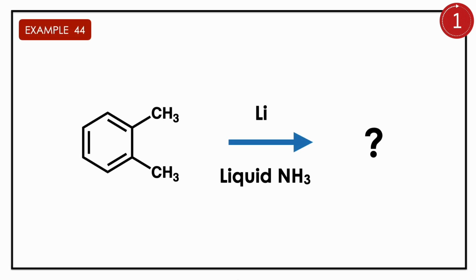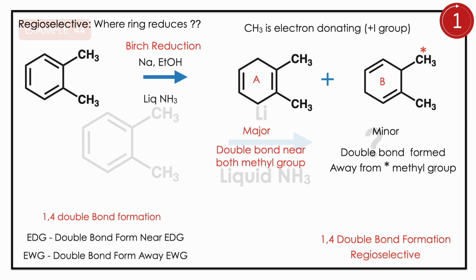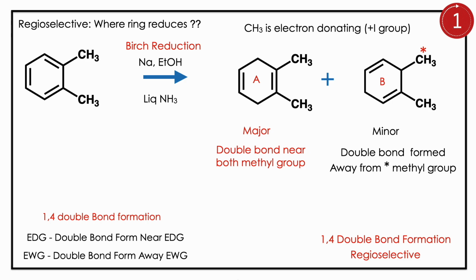Then the next example, you have benzene attached with 2 methyl groups, reacting with lithium and liquid ammonia. You should find what will be the final product. By looking at lithium and liquid ammonia, you might realize it's a Birch reduction. Birch reduction always happens away from the electron donating group because the intermediate is an anion.